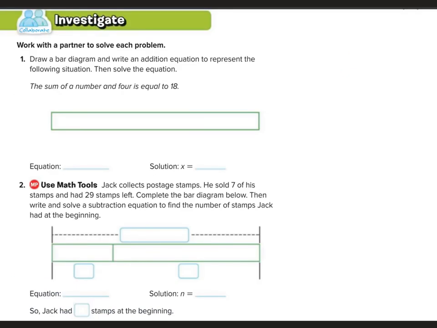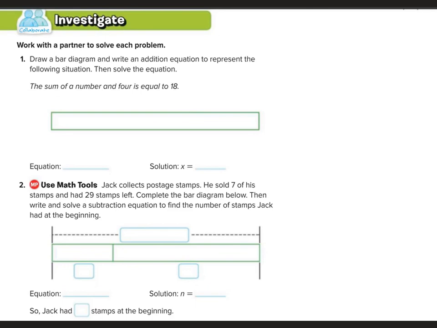Okay, moving on to our investigate. It says work with a partner to solve each problem. You can probably do these on your own. Number 1 says, draw a bar diagram and write an addition equation to represent the following situation. The sum of a number and 4 is equal to 18.